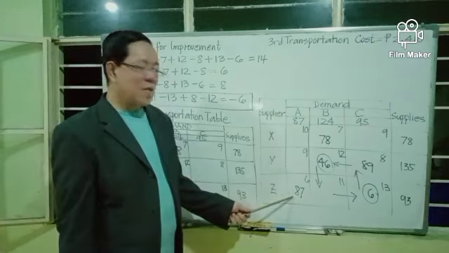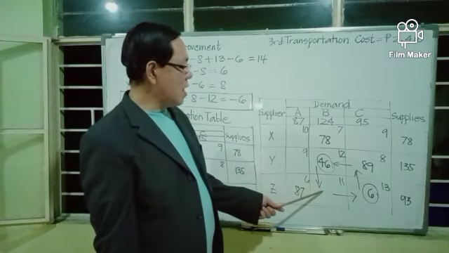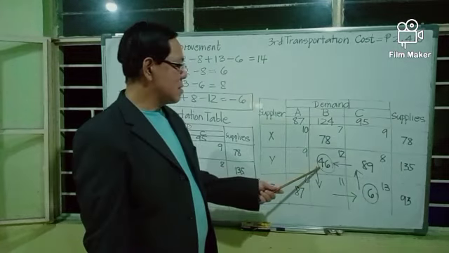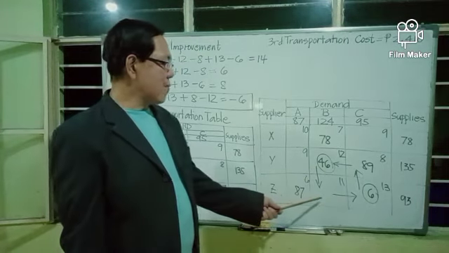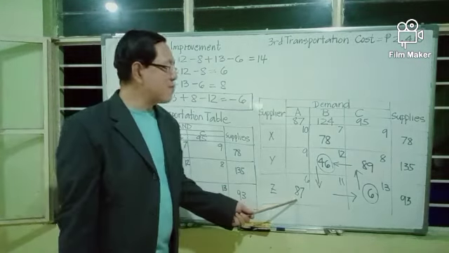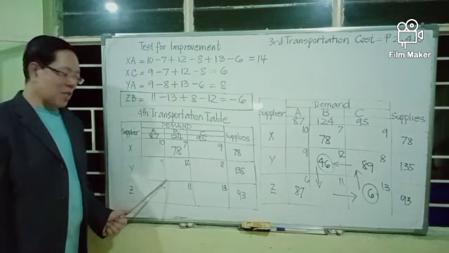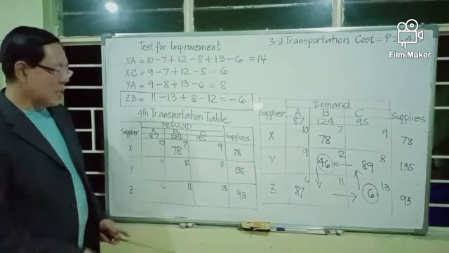And it's the same with 87. 87 is not within the closed spot for the vacant cell CB. Hence, 87 will remain as is for the cell CA in the fourth transportation table, CA 87.